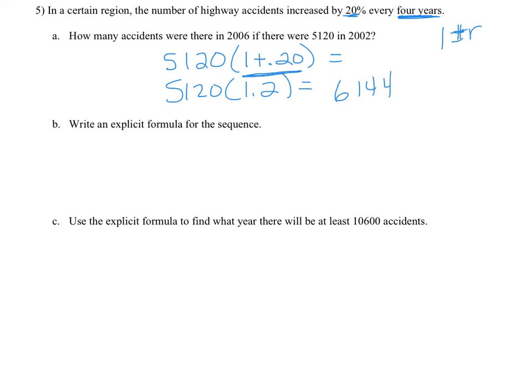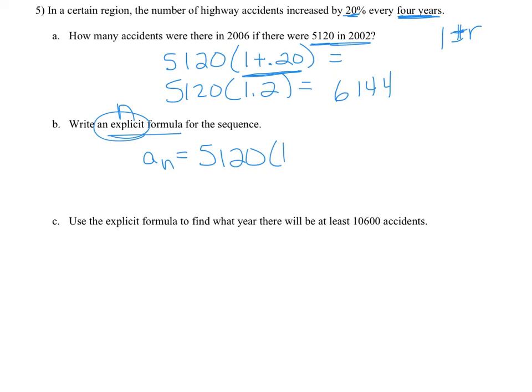This is, however, an exponential growth, and the explicit formula is a geometric sequence. So a sub n. We don't know what that is. We want the explicit formula. Remember, leave n in the equation. The first term is 5,120. That was the first year they gave us in 2002.